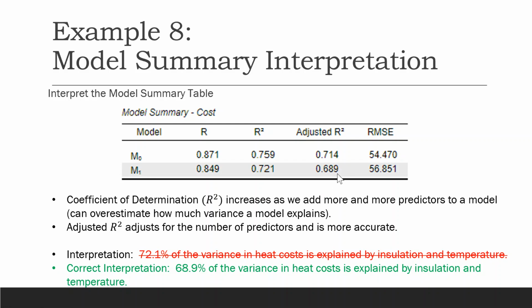Now, there are times when we end up with a model with just one predictor. And I'll go ahead and say this. In that case, honestly, you can report either. If we end up using multiple regression and you end up with one significant predictor in your final model, you can interpret your regular R squared.